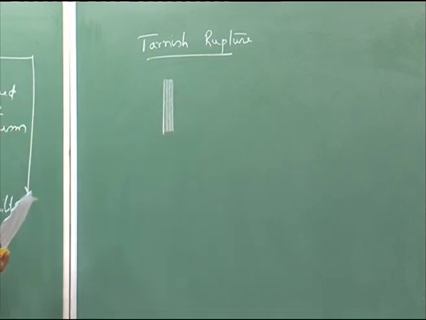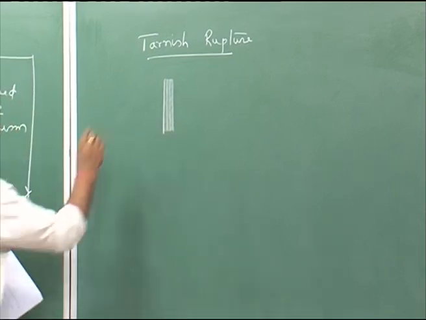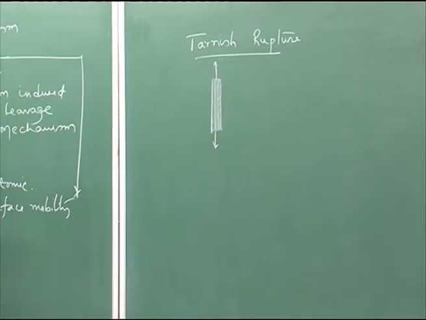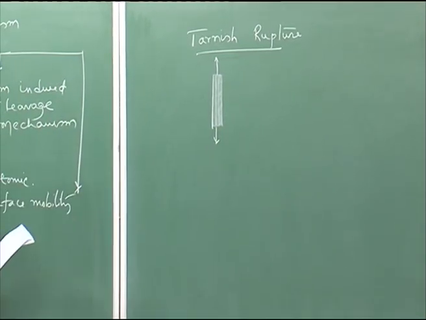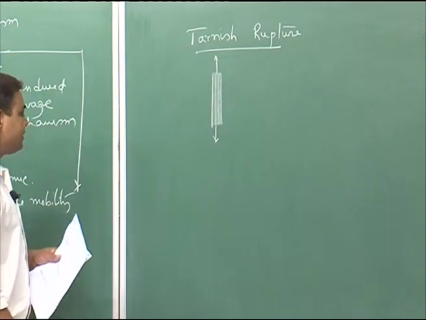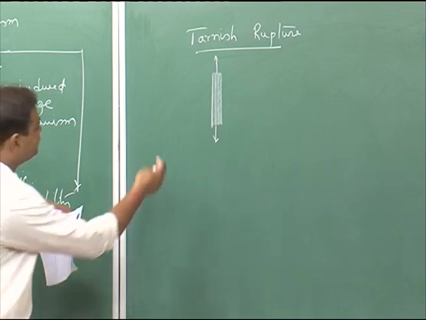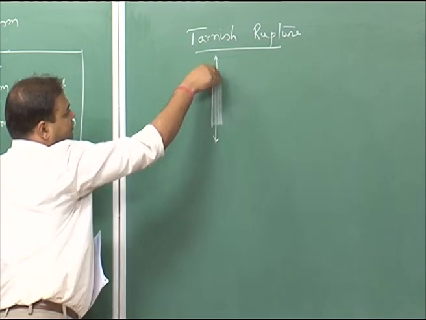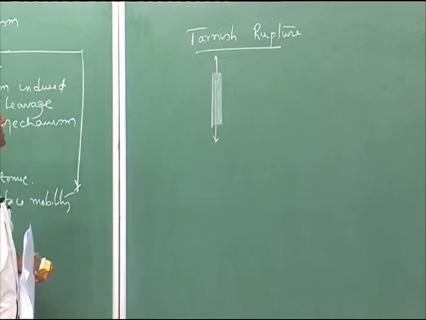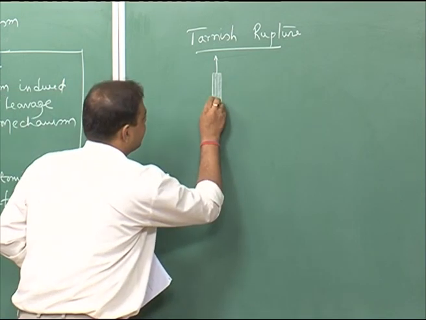This is the passive film. Now, this is under static tensile stress. This passive film is brittle in nature, and due to the tensile loading on this brittle passive film, you can have a sharp crack.